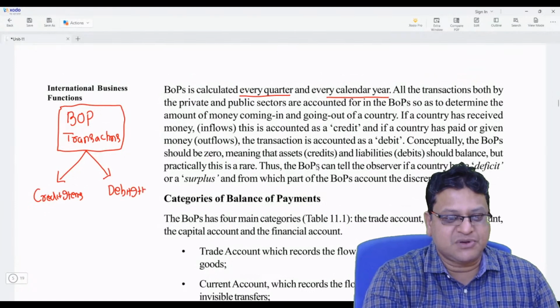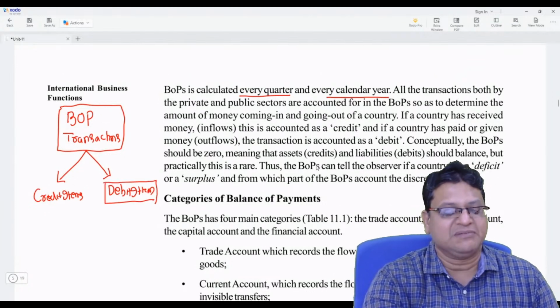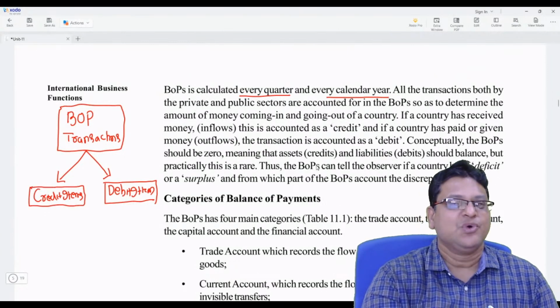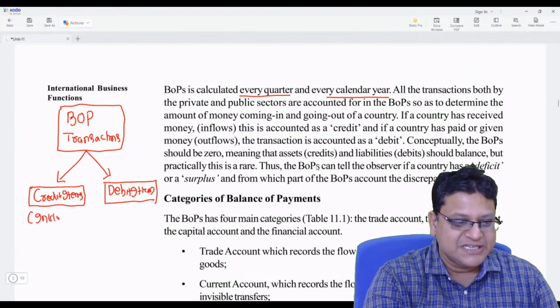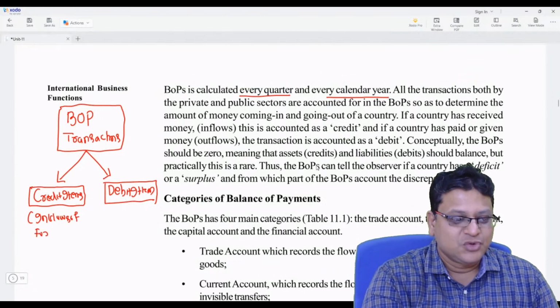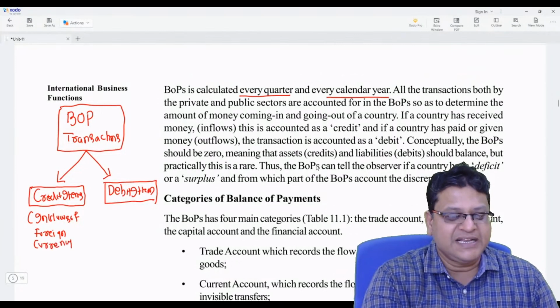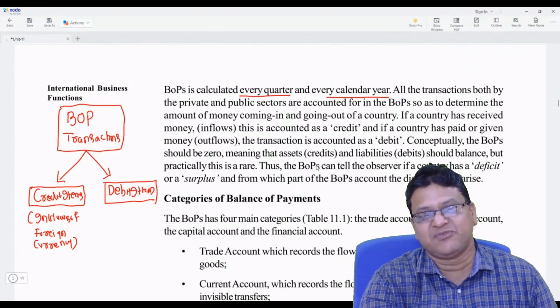Now we will discuss what credit items and debit items are. For a country, credit items are those items which result in inflow of foreign currency. Those transactions which result in inflow of foreign currency are credit items. So credit items mean inflows.